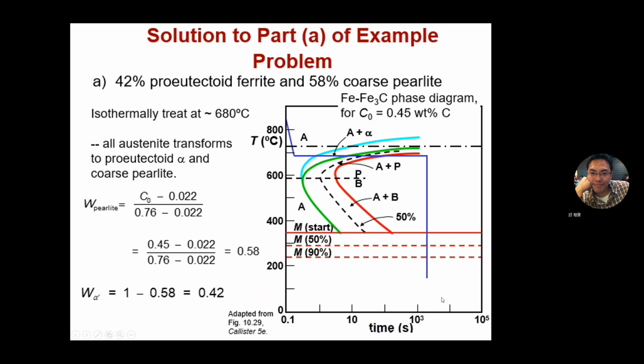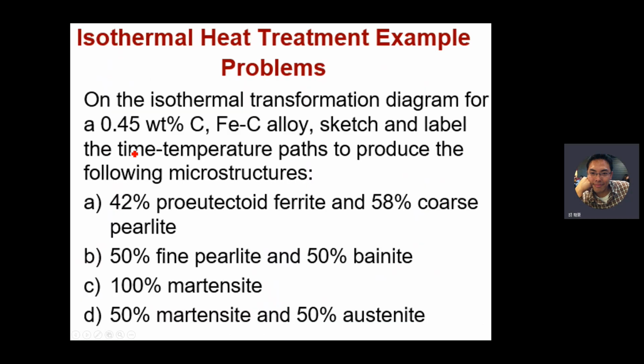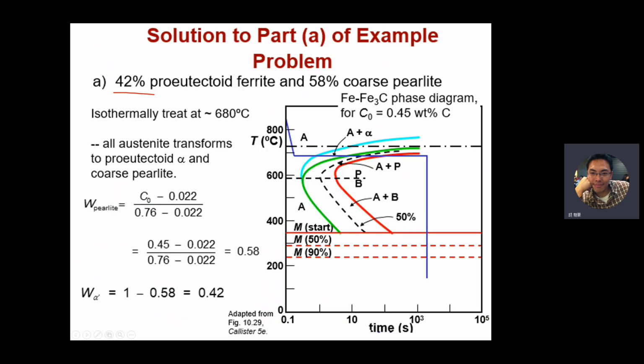So for A, it's 42% proeutectoid ferrite and 58% coarse pearlite, right?